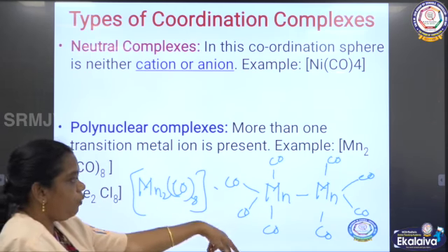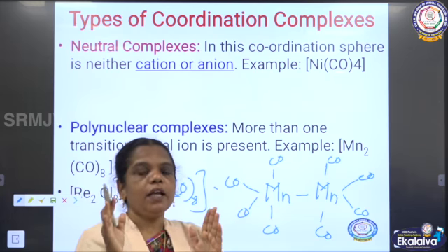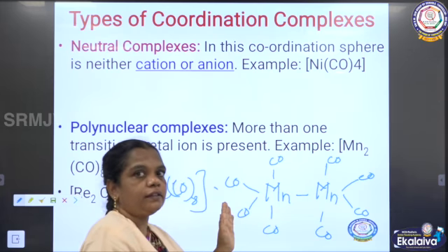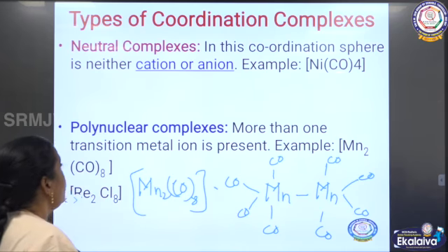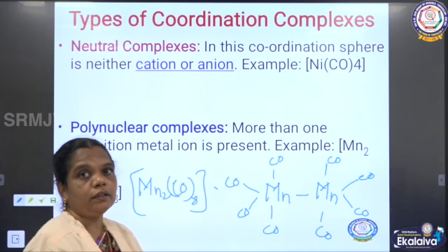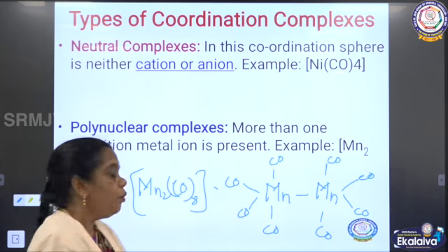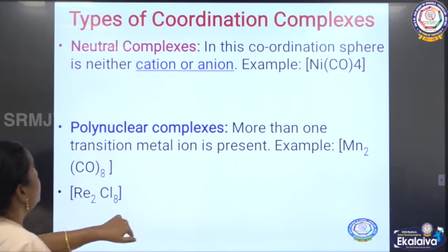So, what can they form? The bond between the metal ions and the ligands or ions present in the coordination complex. So, what are they called? Polynuclear complex. Polynuclear complex.